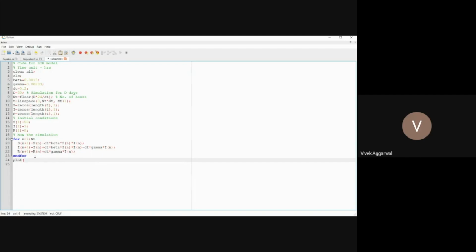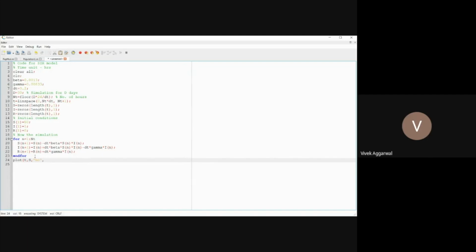So let's plot this one. I'm taking T and plotting the first variable S, and then I can define maybe blue.